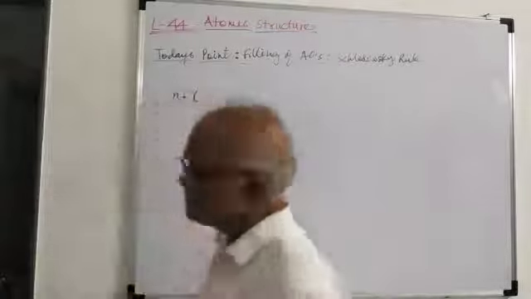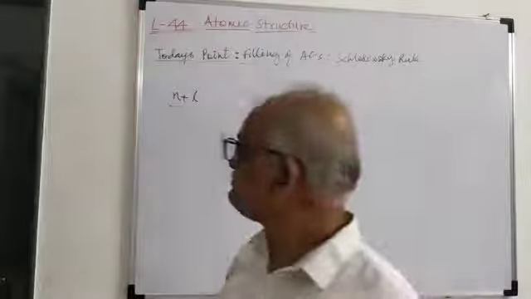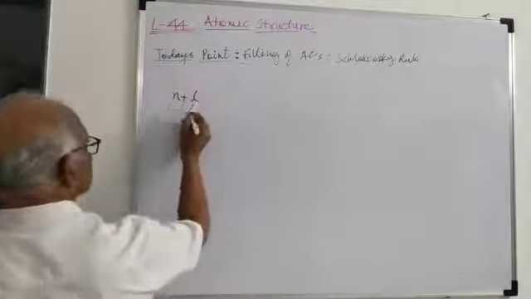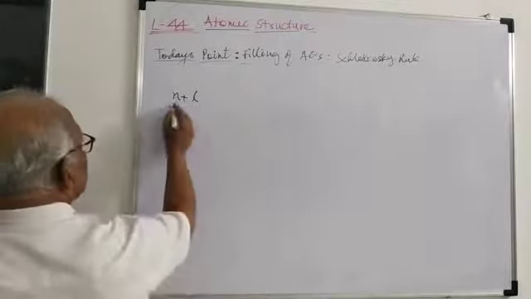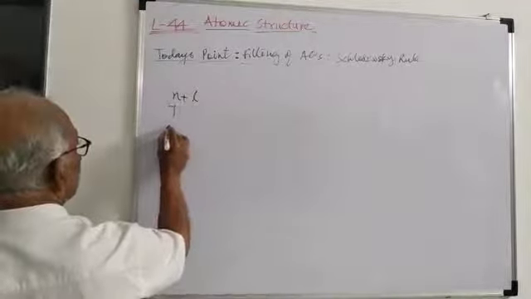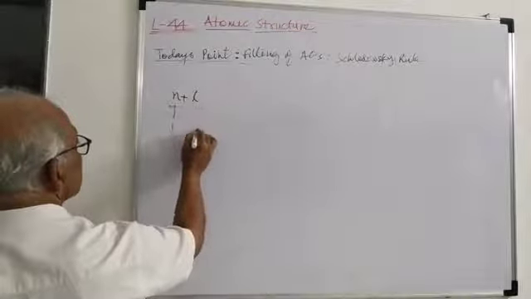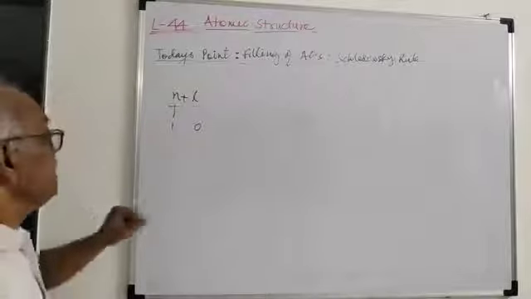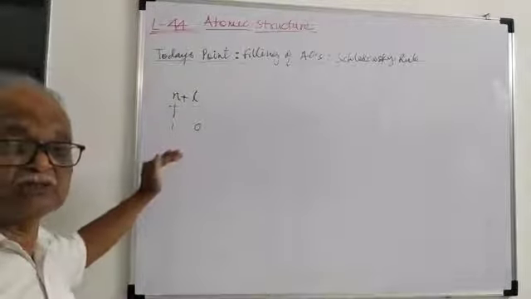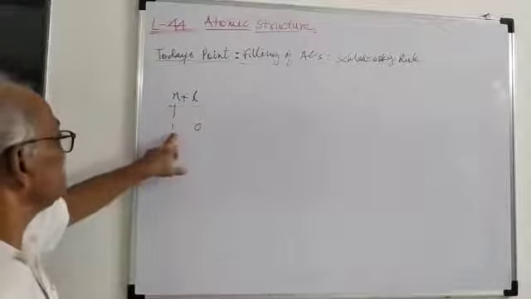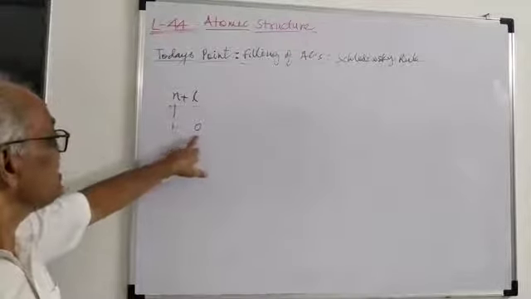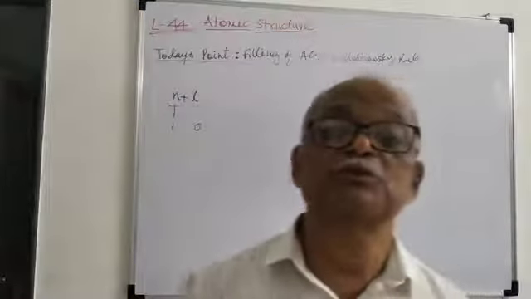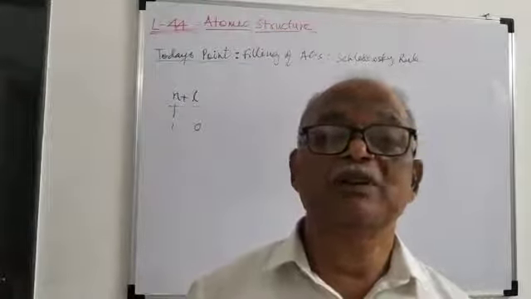Here n is the principal quantum number, l is the azimuthal quantum number. When n is equal to 1, then l is equal to 0. So when we begin the electronic configuration, or distribution of electrons, for n equal to 1, we have to start with l equal to 0, that is, the s orbital first.